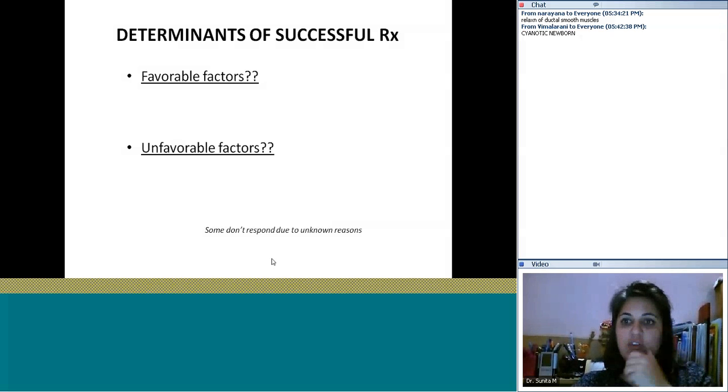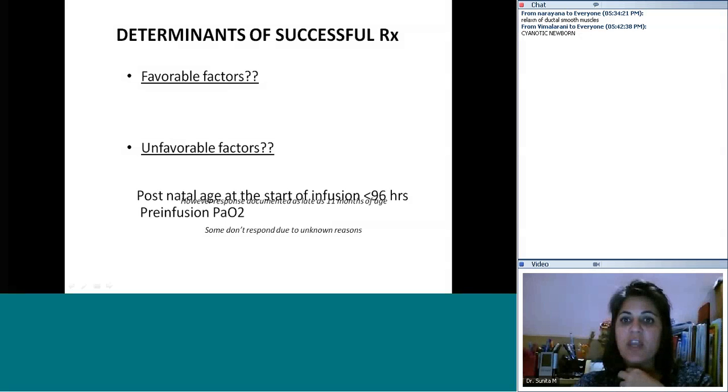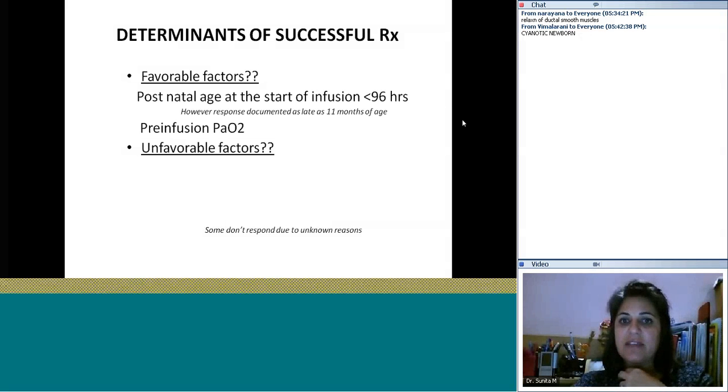So preterm, yes, because they're not going into spasm, but preterm it's a hard call to start prostaglandin because how long do you continue? So the favorable factors are that the postnatal age at the time when you started the infusion was less than 96 hours. So if it's a 2 or a 3-day-old baby, it's more likely to respond to prostaglandin than a 1-month-old.